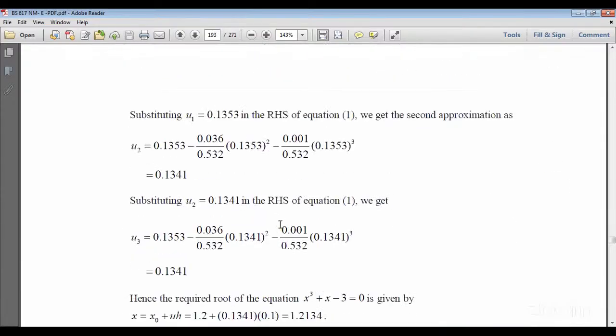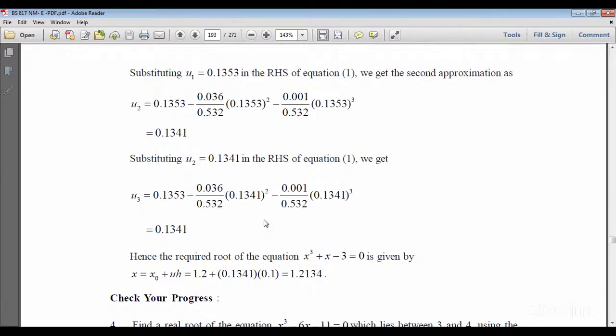So substituting these values here, 0.1353 in the right hand side, for the second approximation we get 0.1353 minus 0.03 by 0.532 times 0.1353 whole square, 0.001 by 0.532 times 0.1353 whole square, giving 0.1341. u2 is equal to 0.1341. In the right hand side equation, 0.1353 minus 0.306 by 0.532 times 0.1341 whole square, the same as 0.001 by 0.532, and substituting all the values here, we get 0.1341.